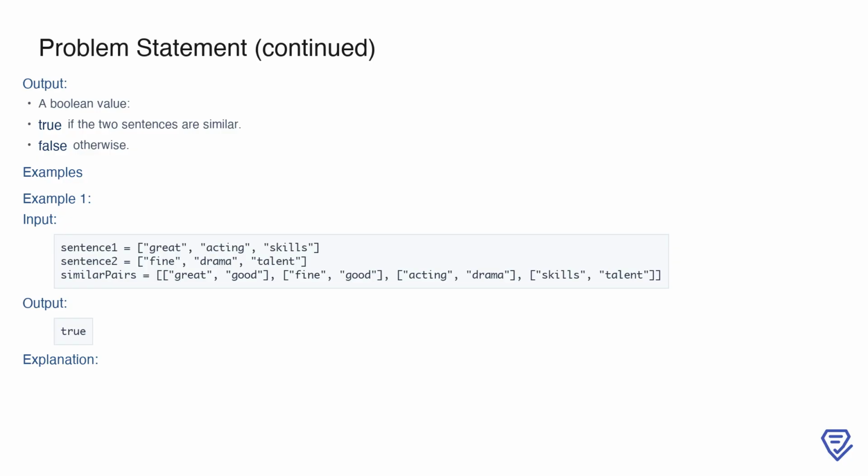Suppose we have two sentences. Sentence 1 is great, acting, skills, and sentence 2 is fine, drama, talent. The similar pairs array contains word pairs like great, good, fine, good, acting, drama, and skills, talent. Based on these pairs, we need to determine if the sentences are similar.